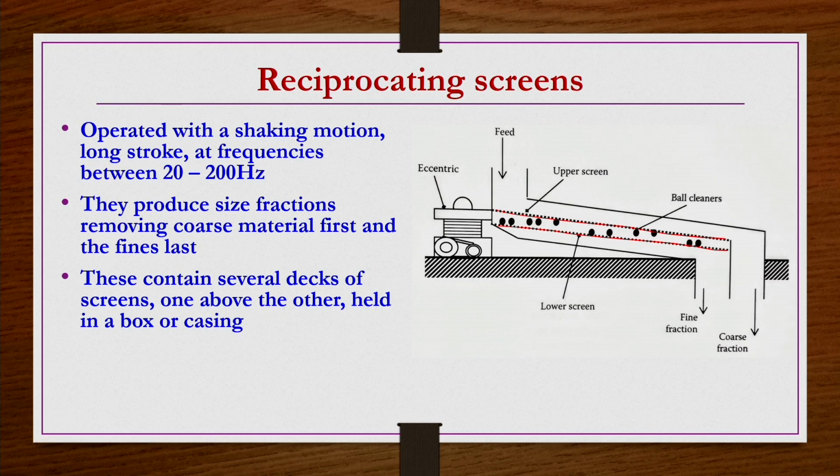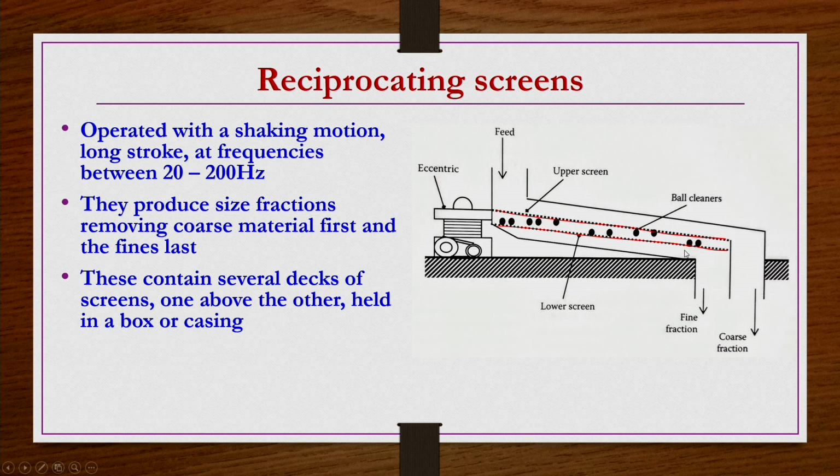In between these screens there are kind of ball cleaners also provided. Here what happens, the coarsest material, that feed that comes down here, passes through the top surface, and whatever the finer material is there would be passing through the screen of larger openings, and then you can get different fractions in between if you have a large number of screens.